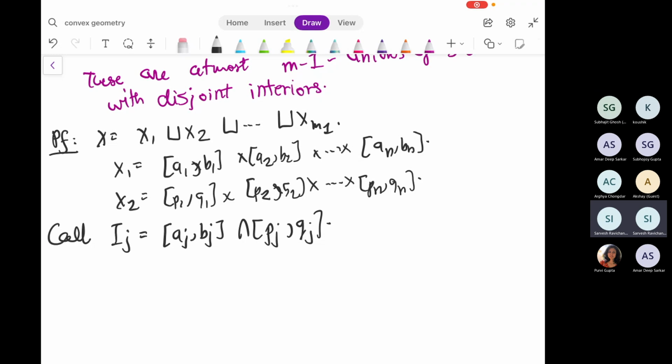And the point is that if you consider this set, that is I1 cross I2 cross up to In, this would be a subset of both X1 and X2, and therefore a subset of X1 intersection X2. However, we know that X1 and X2 have disjoint interiors.